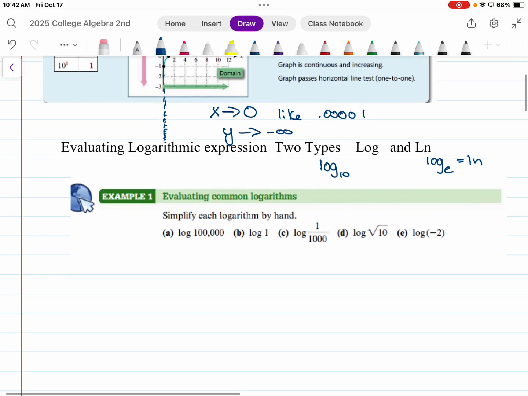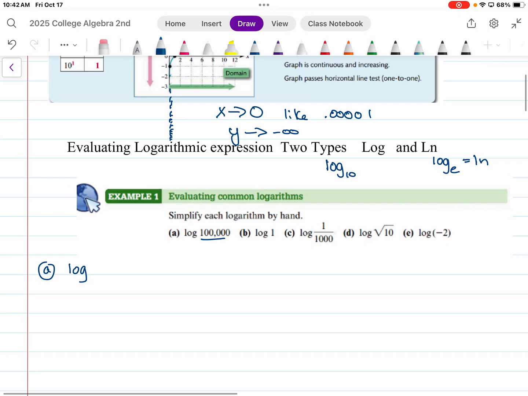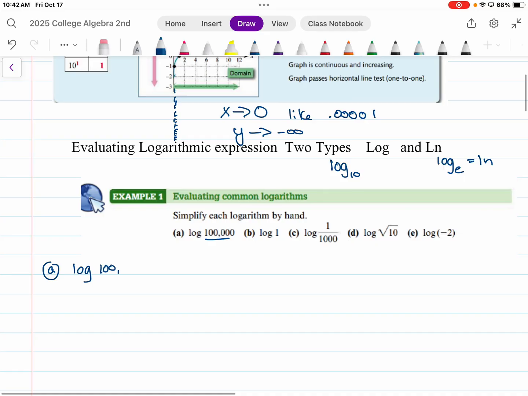So with that in mind, they asked us to simplify the logarithms by hand, which means don't use a calculator. For example, for A, they want us to rewrite this, and there's a reason. They want us to rewrite it so that the number after the word log, in this case the 100,000, is written as 10 to some power, because we know when there's no little number down by the subscript, the tail of the g, it's base 10.